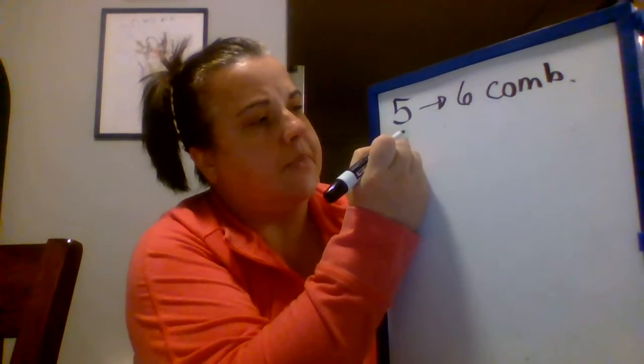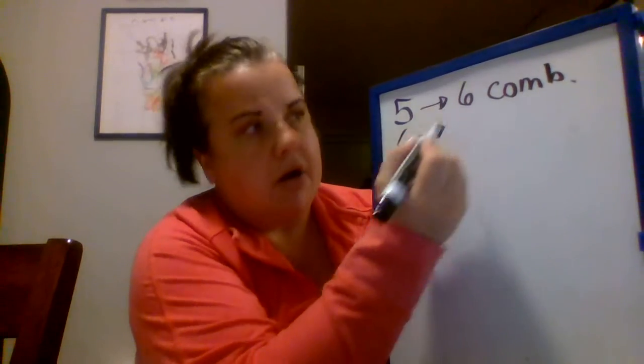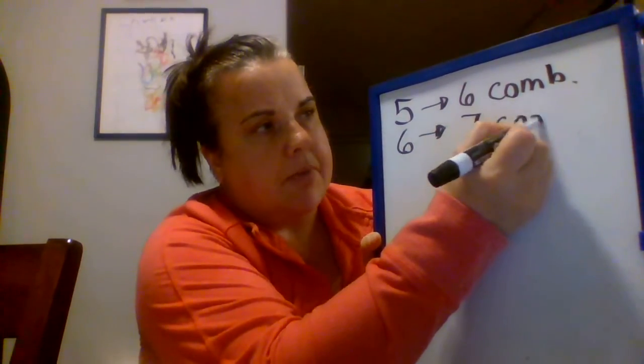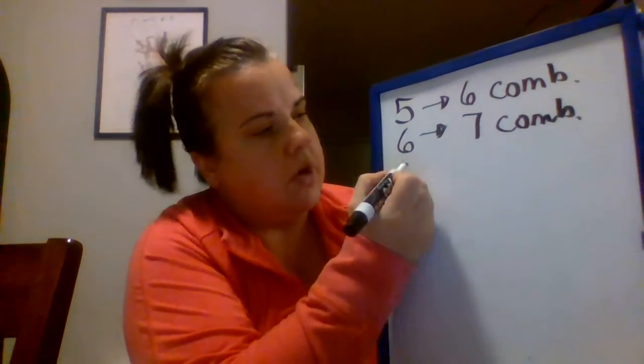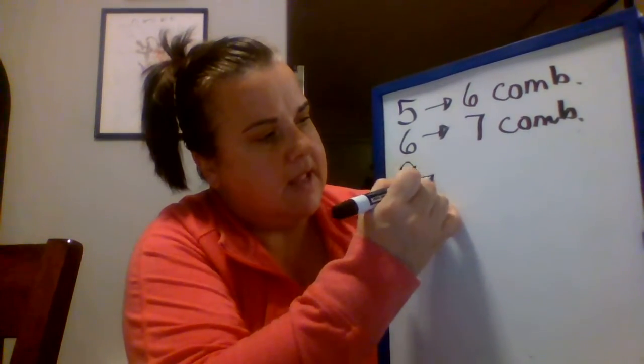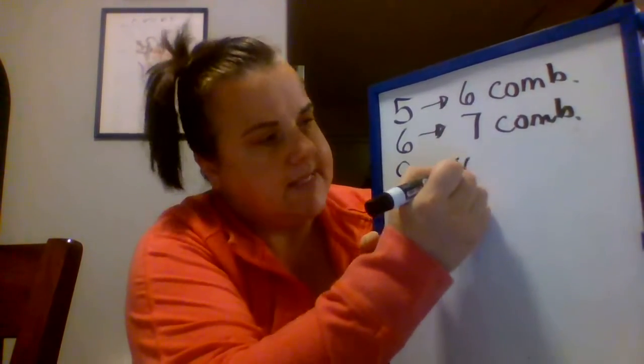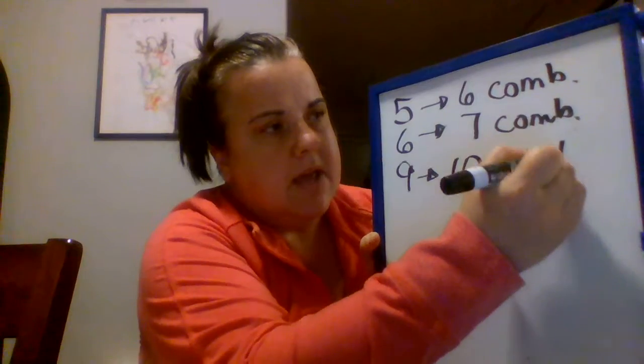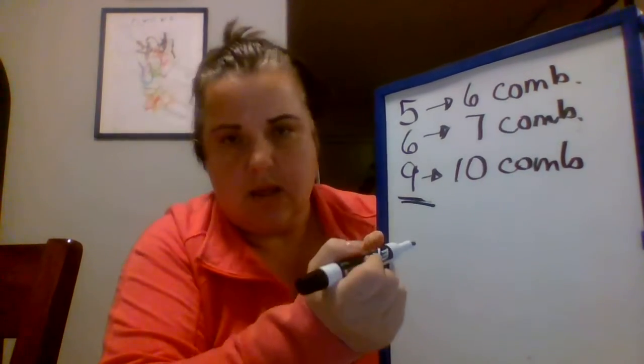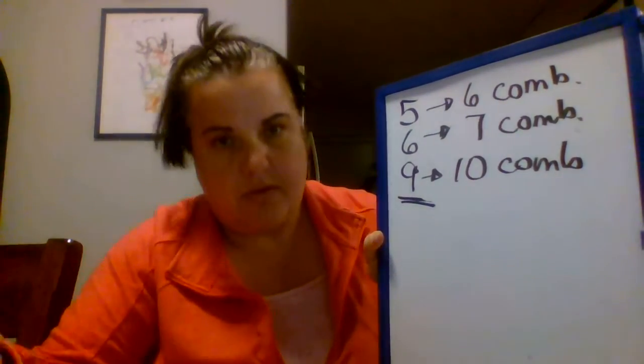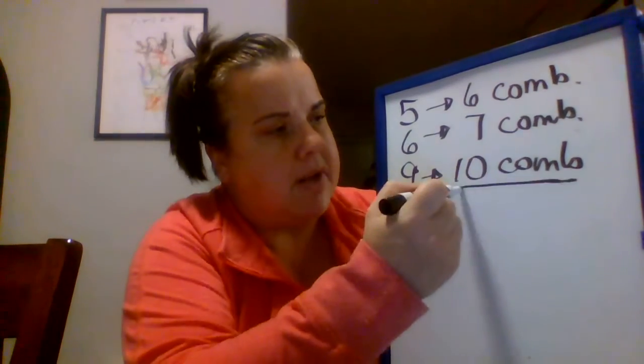When you are doing the number 6, there are 7 combinations, okay? When you are doing, let's say, 9, there are 10 combinations, okay? So whatever number you're doing, there's one more than that if you're talking about combinations.